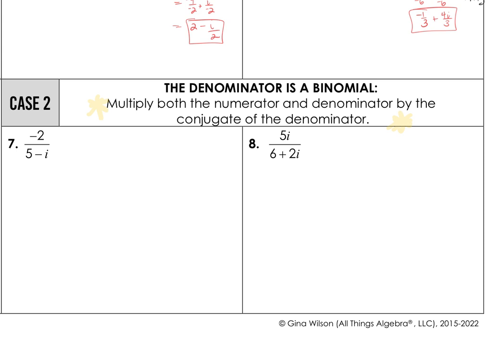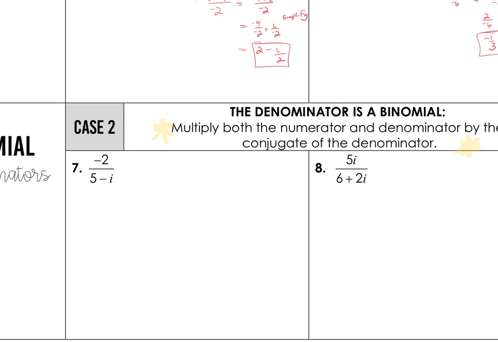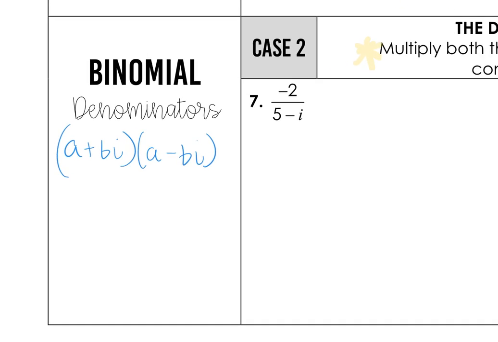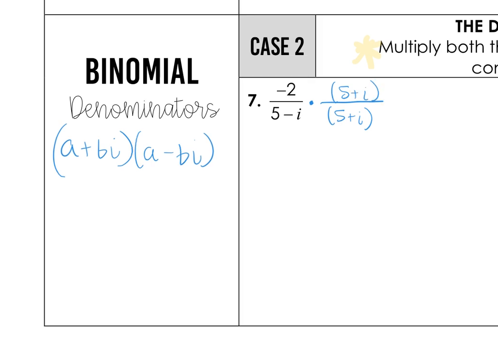So reviewing that from last week, we saw complex conjugate is going to look like this: a plus bi times a minus bi. It's the same exact terms, just a different sign. And so like for number 7, to get rid of that i down there, since I have 5 minus i, I'm going to multiply top and bottom by 5 plus i.